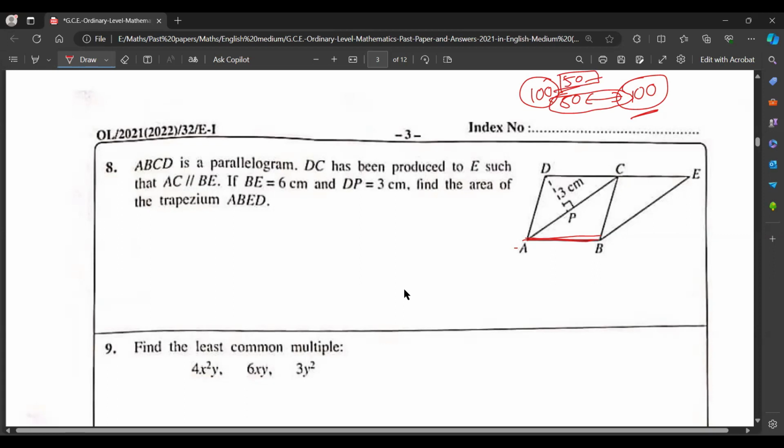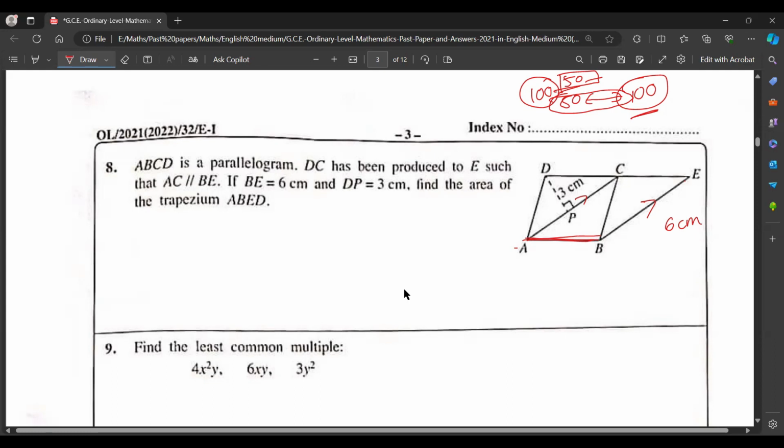Now ABCD is a parallelogram, no? DC has been produced. Look at it. DC has been produced up to E, such that AC and BE are parallel. AC and BE are parallel. B equals what? B equals 6 centimeters, and DP equals 3 centimeters.